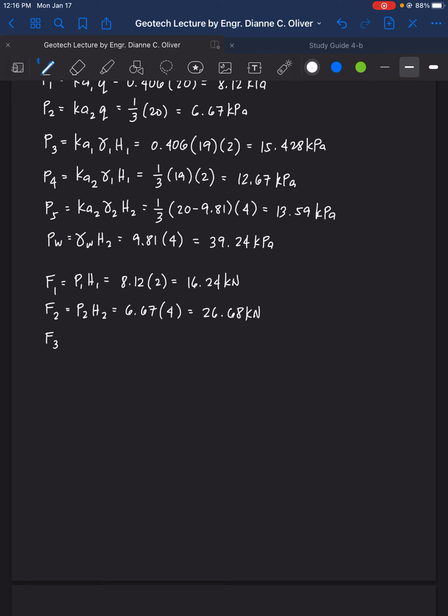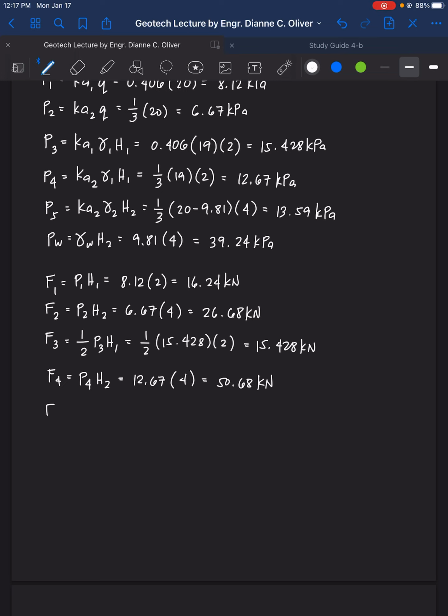Then for F3, that is triangular, so 1/2 P3 H1. 1/2 P3 is 15.428, our H1 is 2. So this is 15.428 kilonewton. F4, the special case, is rectangular, P4 H2, and that is 12.67 times 4, which is 50.68 kilonewton.